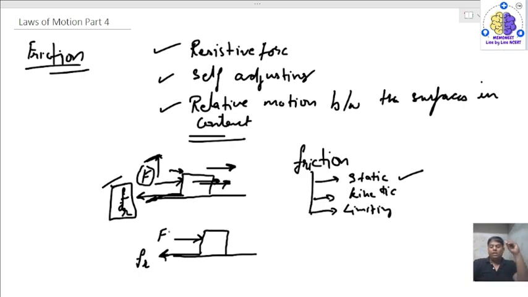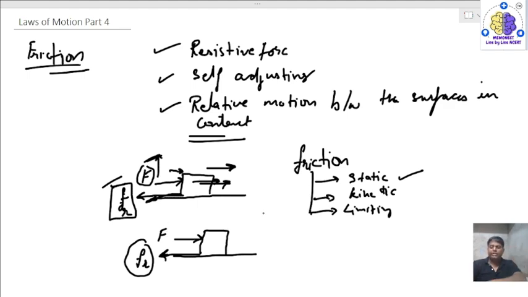The block has a tendency of moving forward but cannot move, and at that moment it experiences a force in the opposite direction. This force is known as the frictional force, and it is categorized as static frictional force.